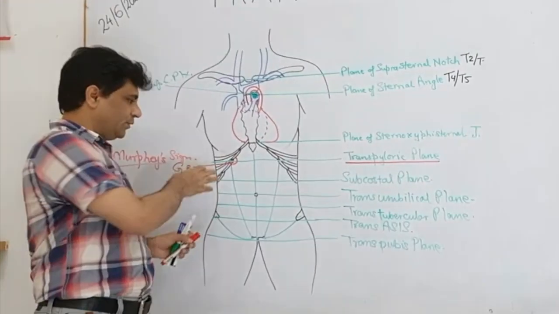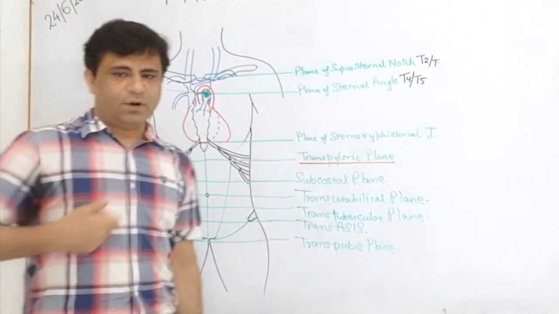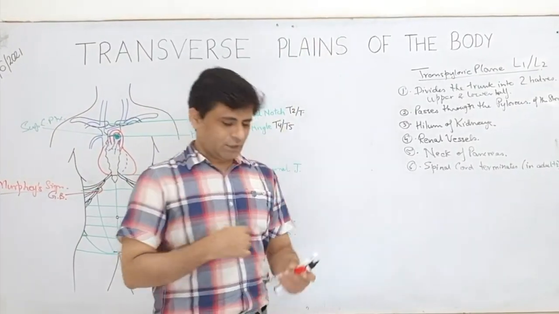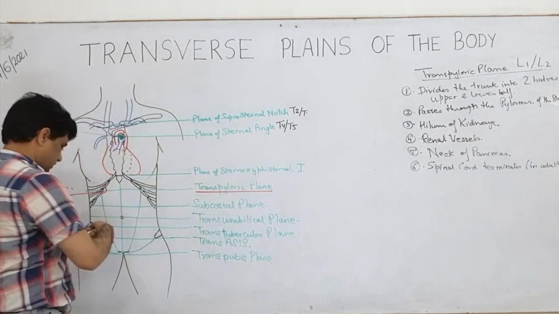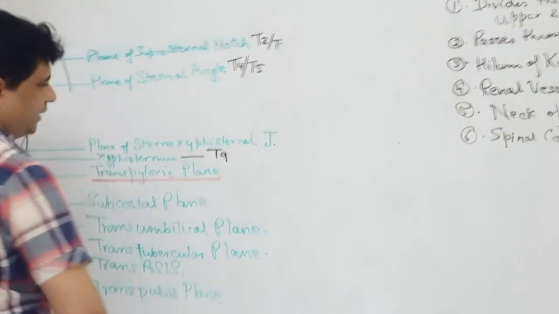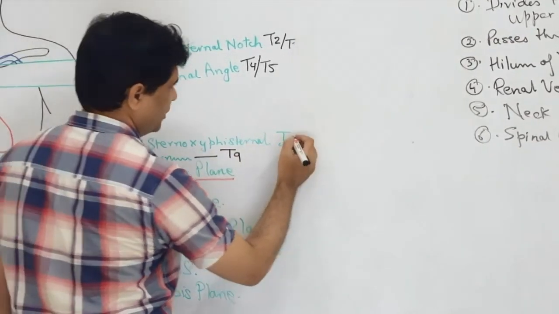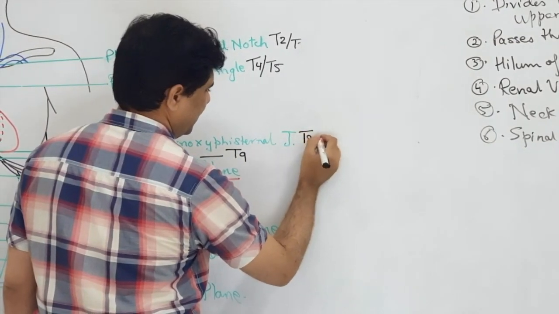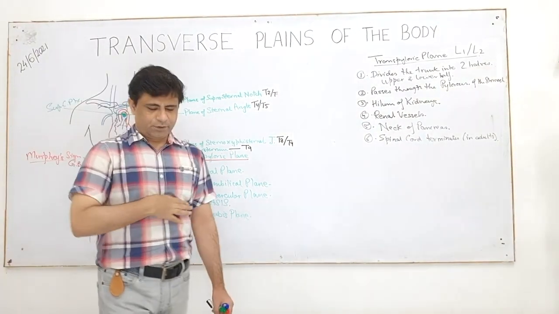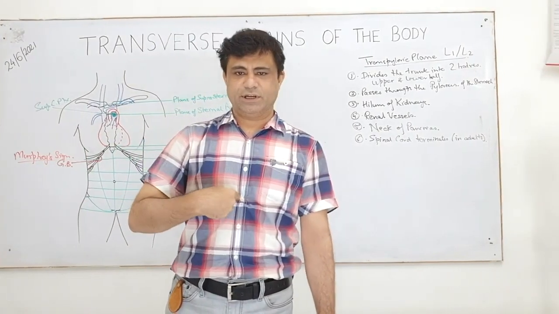By the way, how will you assess this? How will you count the tip of the ninth? So one thing is the symphysis. Don't forget that the symphysis lies at the level of T9. And what I told you about the sternal angle, that lies at the level of T8, T9. So, a hand's breadth, you palpate in the midline, the depression here; this is the symphysis.